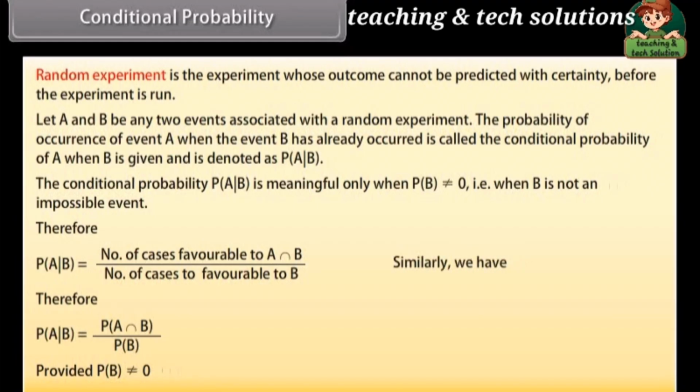Similarly, we have P(B|A) is equal to probability of event A intersection event B divided by probability of event A, provided probability of event A not equals to 0.